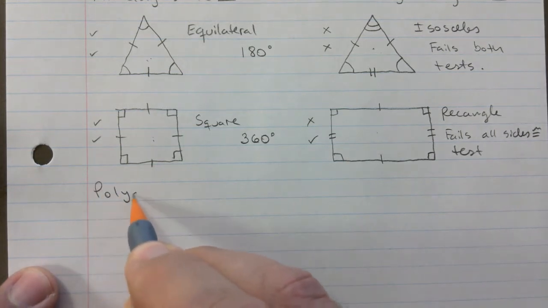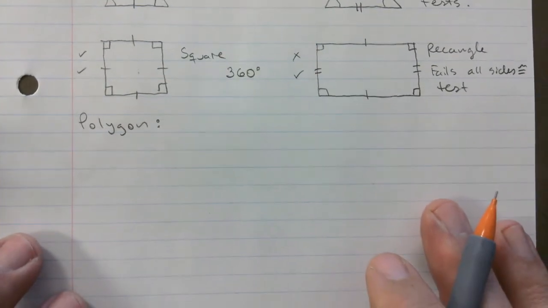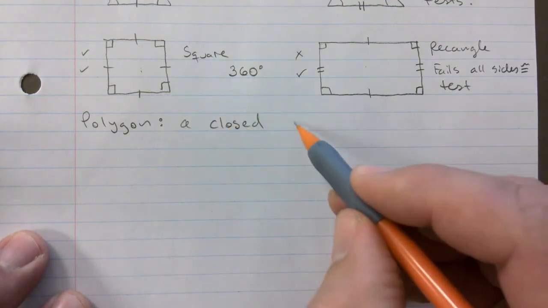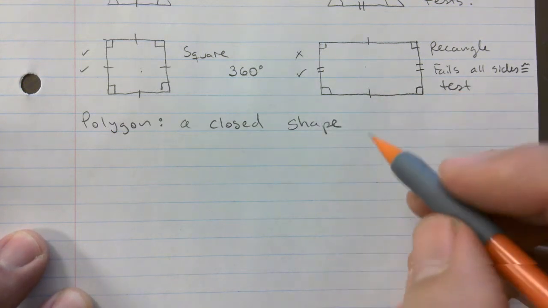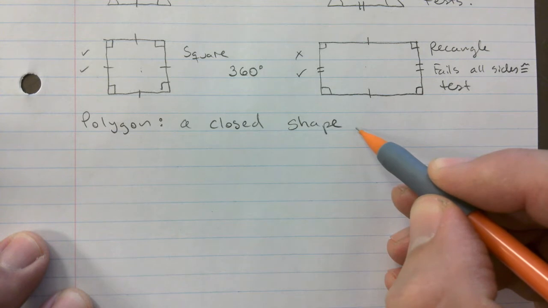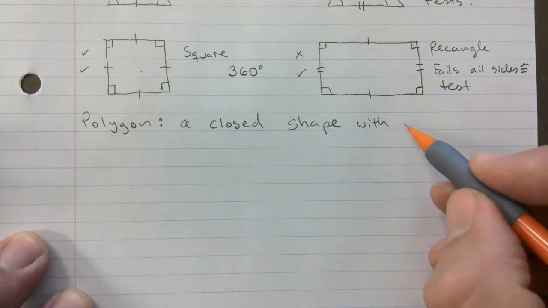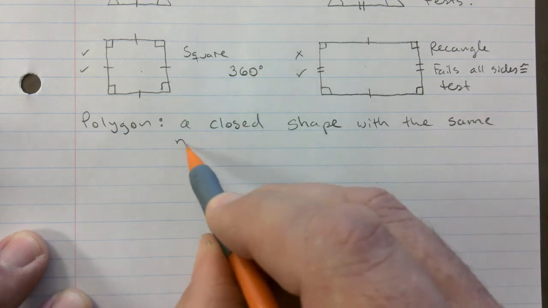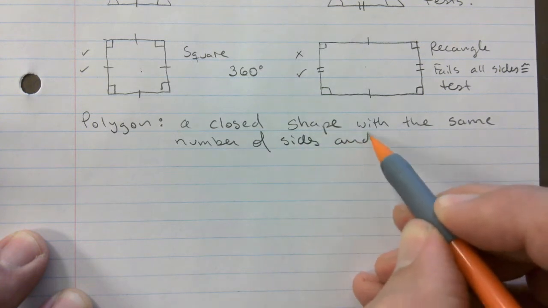So polygon is a closed shape with the same number of sides and angles.